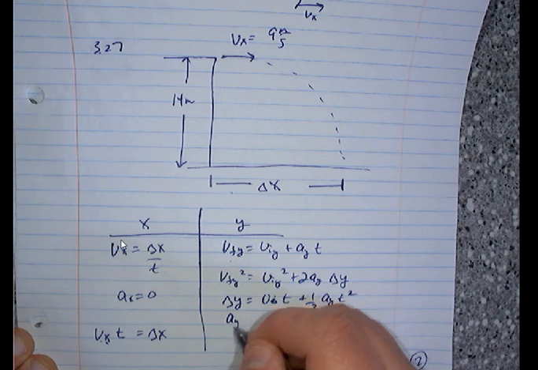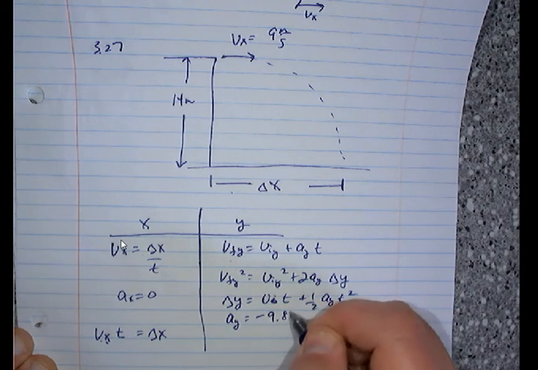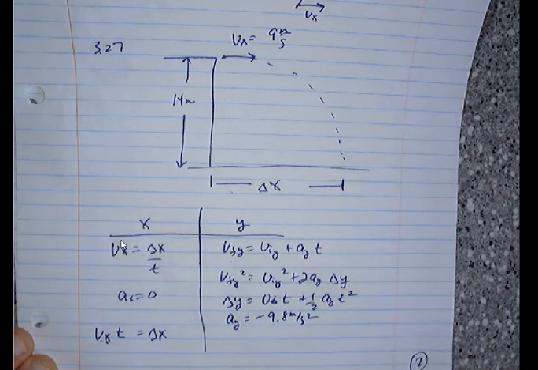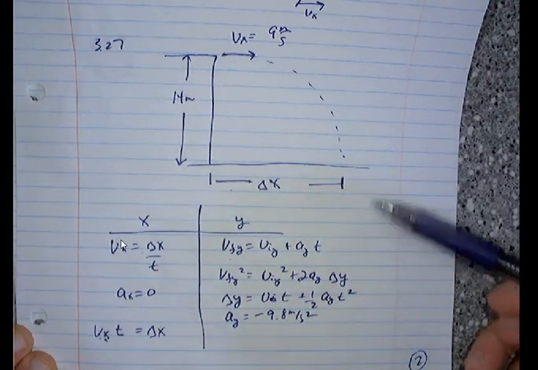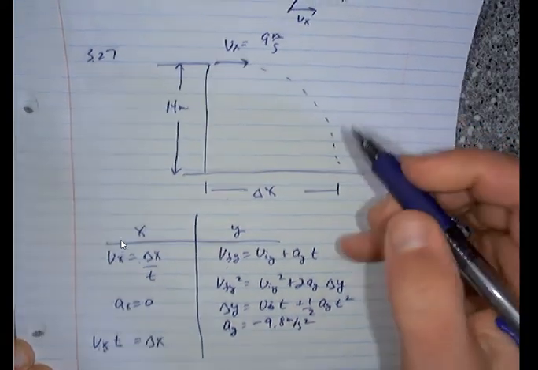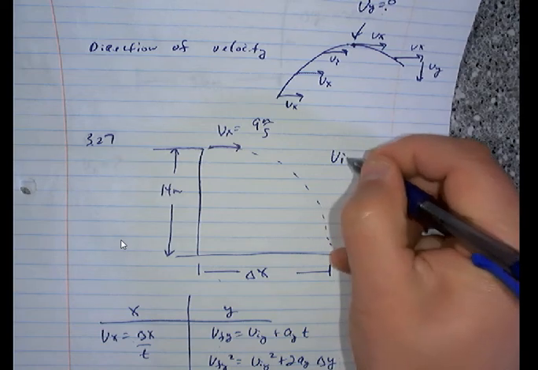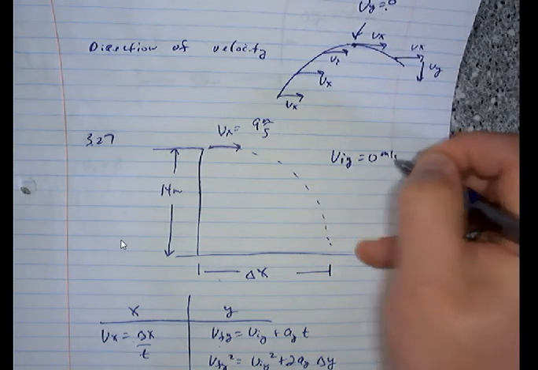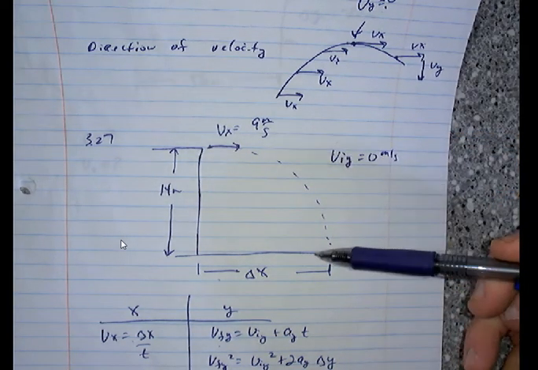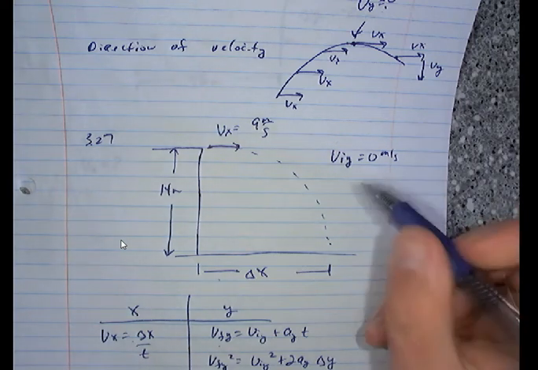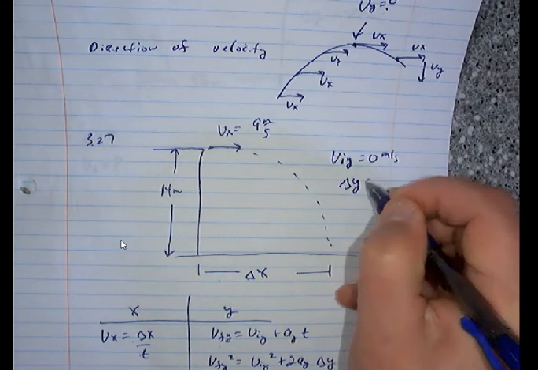One other thing from the y direction, I know the acceleration. Okay, so we can look through here. Here's my picture. The initial velocity in the y direction is equal to 0. I don't know what the y velocity is right before it hits the ground. I do know the displacement in the y direction.